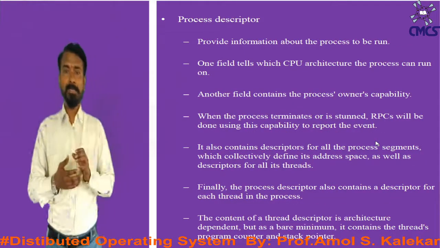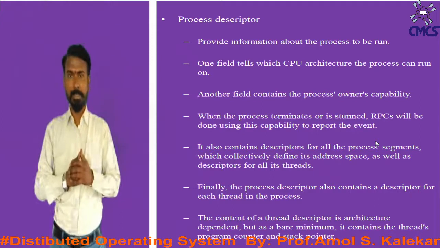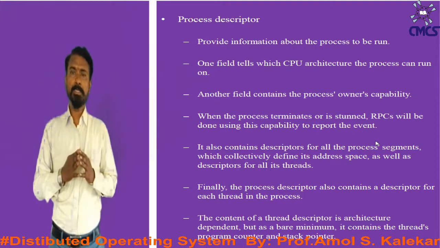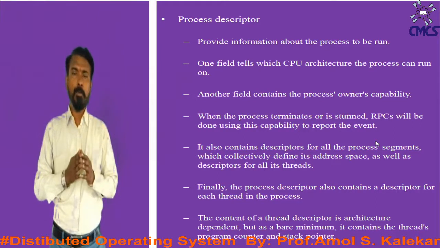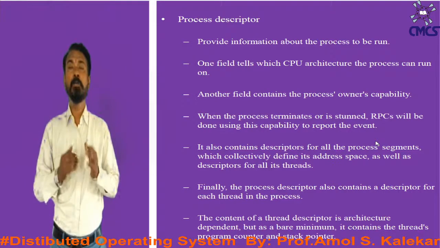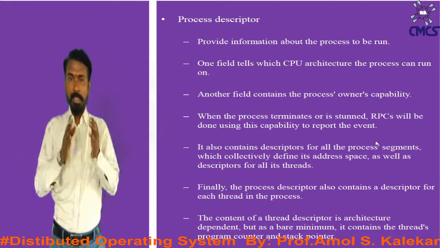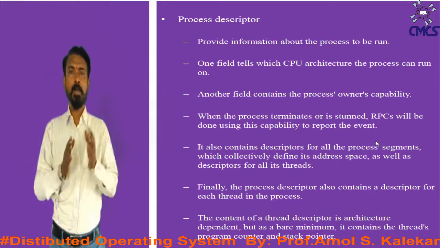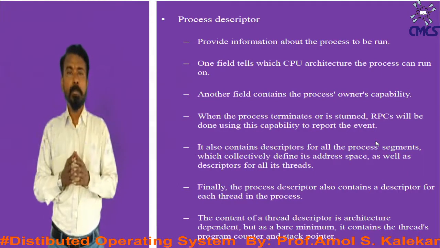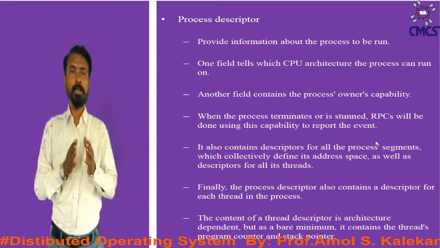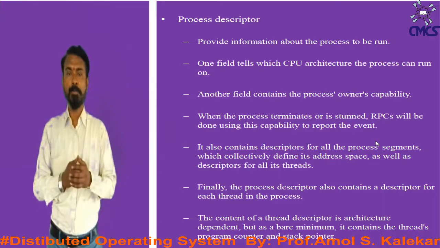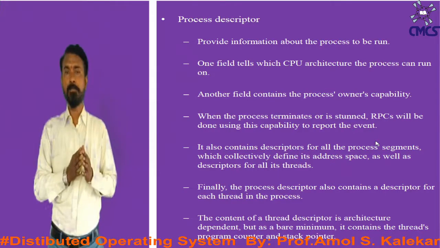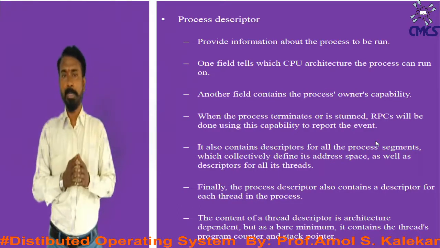Now, the next point is the process descriptor. As far as the process descriptor is concerned, it provides the information about the process to be executed. In this process descriptor, one field tells which CPU architecture the process can run on. Another field contains the process owner's capability.